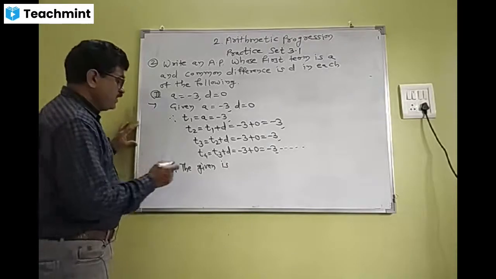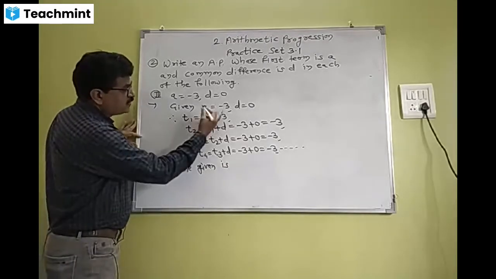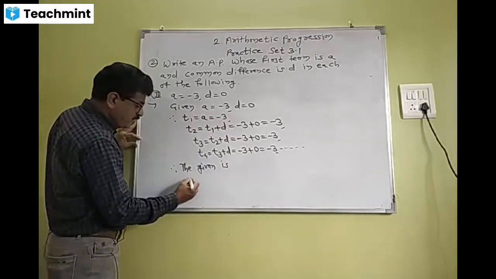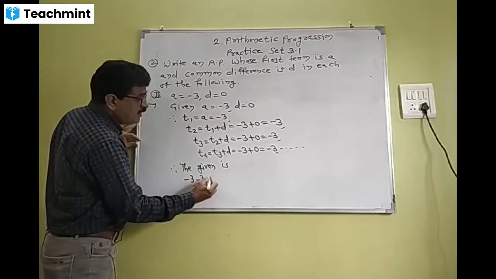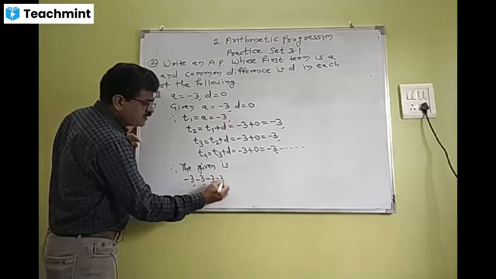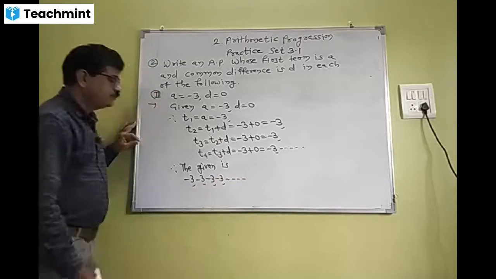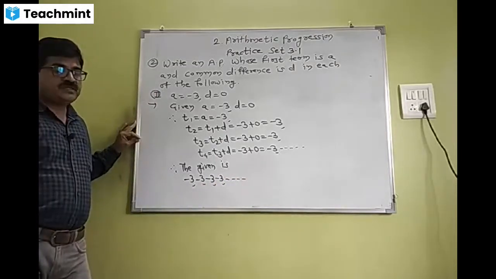Therefore, the given AP is: first term, that is minus 3. Second term minus 3. Third term minus 3, and so on. This is the answer.